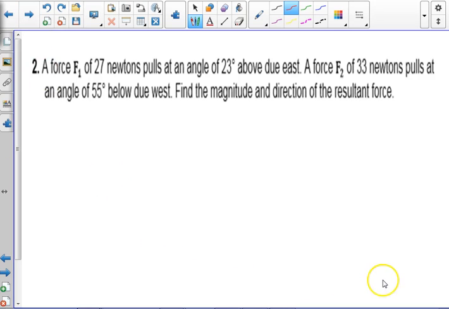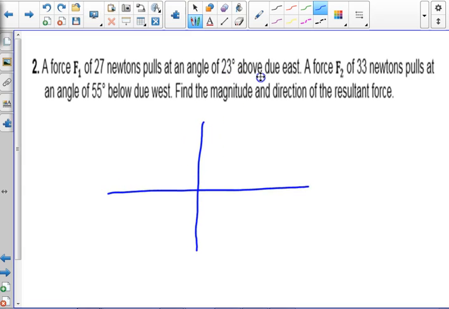All right. I'm going to do this one instead because this one is a little hairy. A force of 27 Newton pulls at an angle, I don't like these words, 23 degrees above due west or east. Really? Has anybody ever said 23 degrees above due west? East? Yeah, I can't even read. Okay.